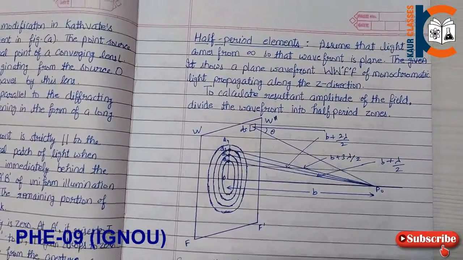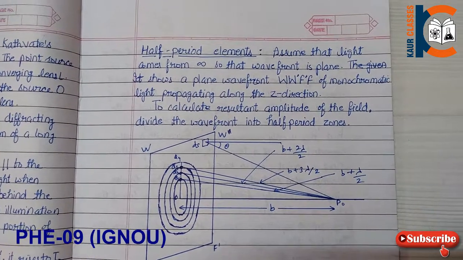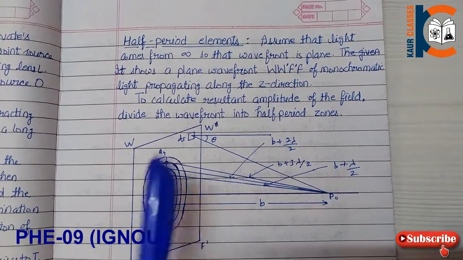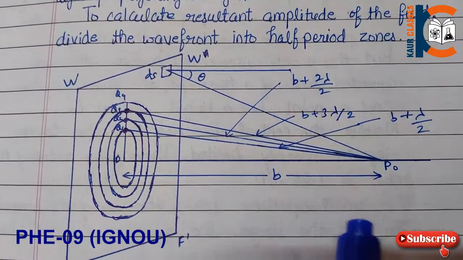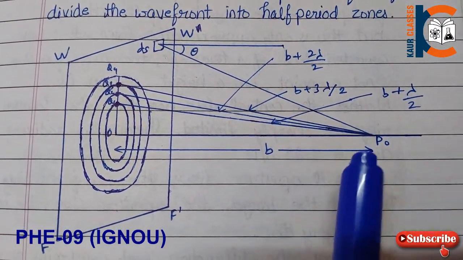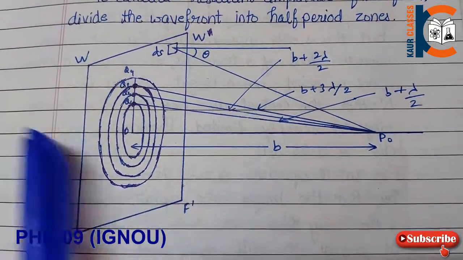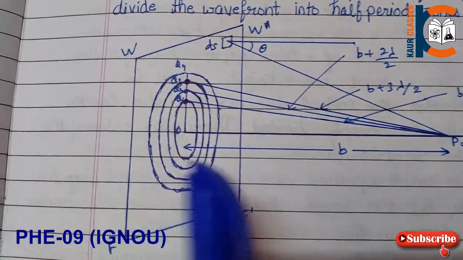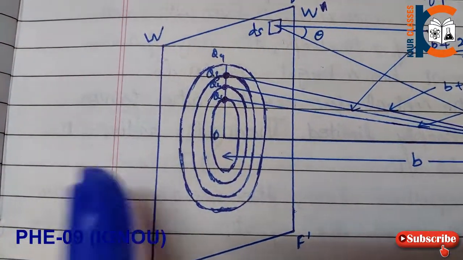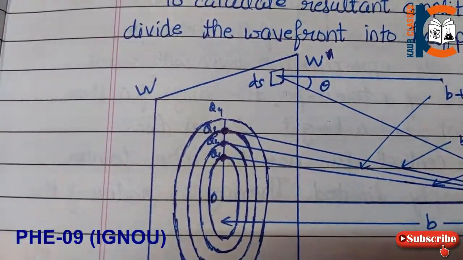Along with Fresnel diffraction, we have to discuss the concept of Fresnel half period elements. This is the diagram which shows that. Assume that light comes from infinity, so that the wavefront is a plane. This is the plane W, W dash, F dash and F. Monochromatic light comes and forms a wavefront, and the spectra we have observed.